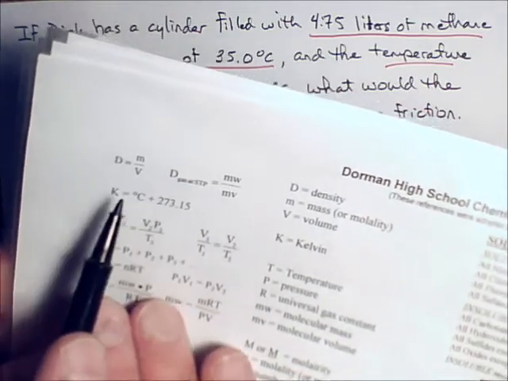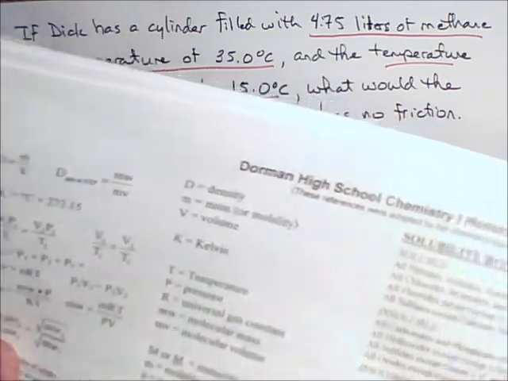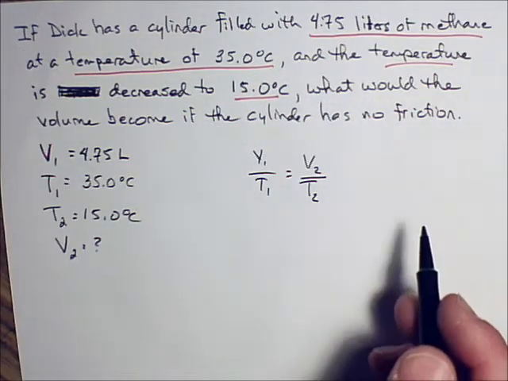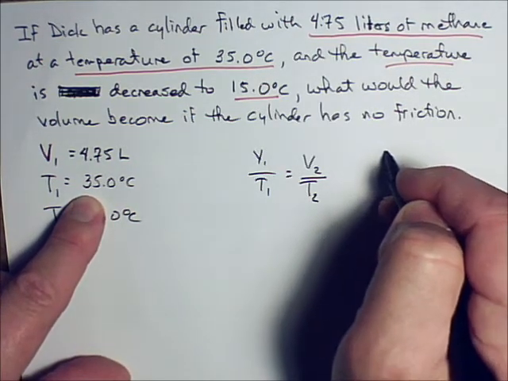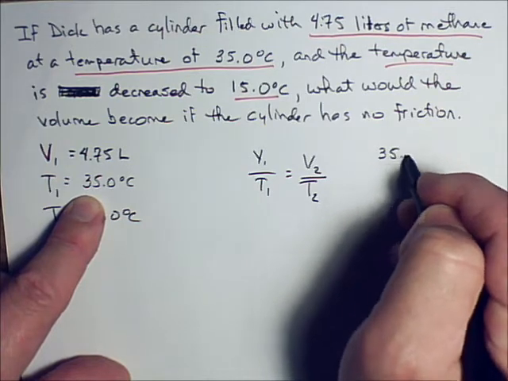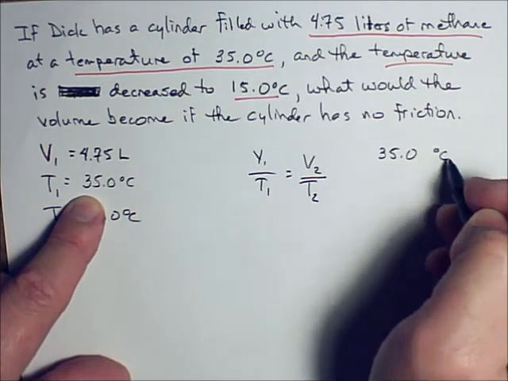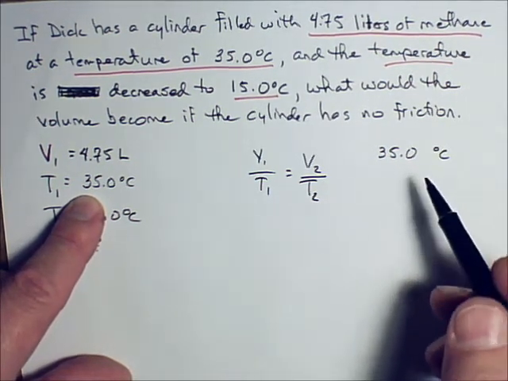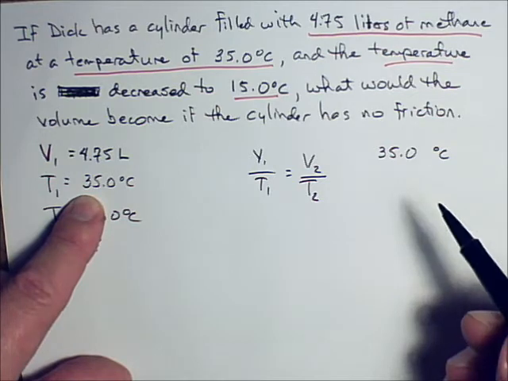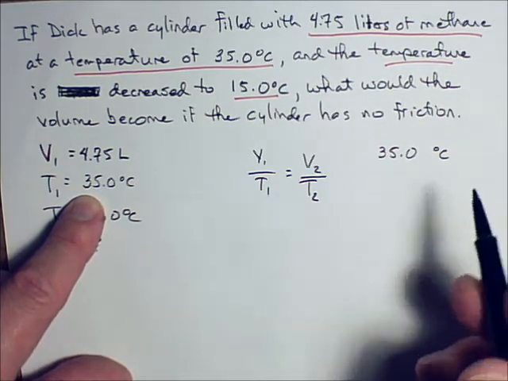It's there in your test references right there. All right? So we need to take this 35.0 degrees C. If we're going to change from degrees C to Kelvin, we add 273.15.